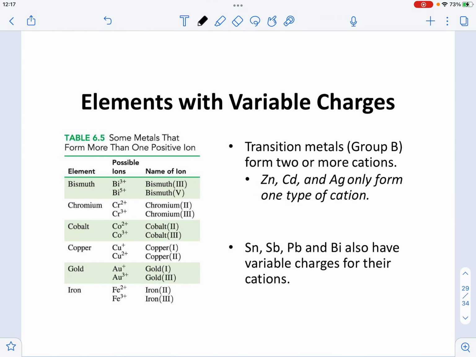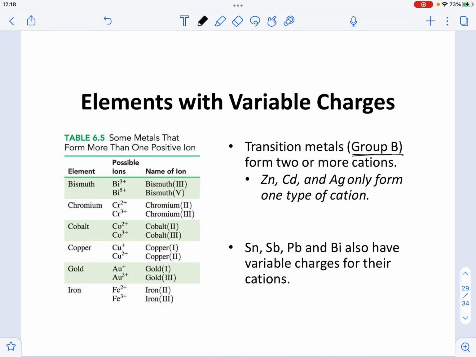Now, in the periodic table, we also have elements that will be forming cations but that have variable charges. Understand that there is a selected list of elements that can do this, but I'm just going to summarize it for you. As long as you have elements in group B, they are going to form one or more cations.